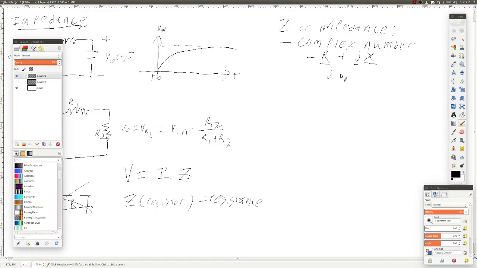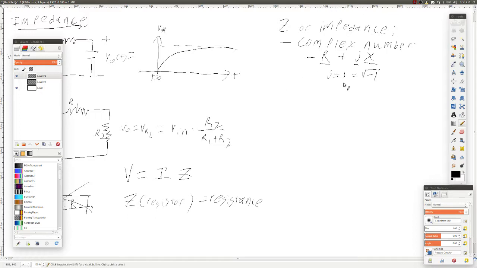When I say j, in engineering notation that is the imaginary number. A lot of times in math, you'll see the imaginary number represented with i. j equals i equals root negative 1. So, in this case, we're going to be using j. I don't know why this is the convention that engineers chose to use, but it is.